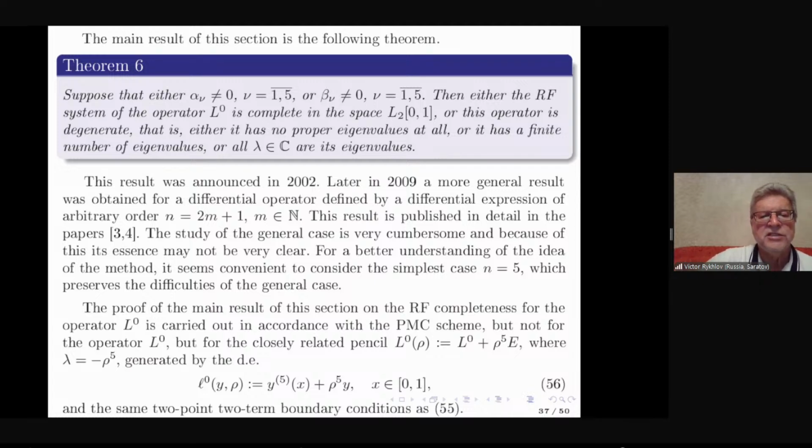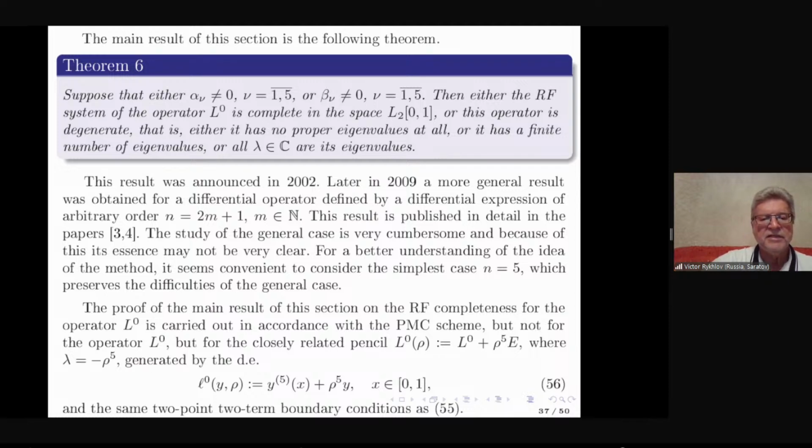The study of the general case is very cumbersome, and its essence may not be very clear. For a better understanding of the idea of the method, it seems convenient to consider the simplest case n equals 5, which preserves the difficulties of the general case.